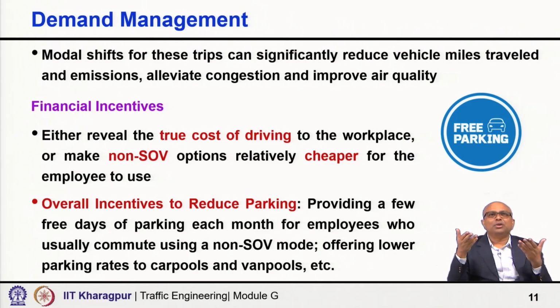So, there are many ways we can do it. Financial incentives also can be given in many ways. One is incentives to reduce parking. That means, providing a few free days of parking each month for employees who usually commute using a non-SOV mode, offering lower parking rates to carpools and van pools, etc. That means, you give incentive in the context of parking.